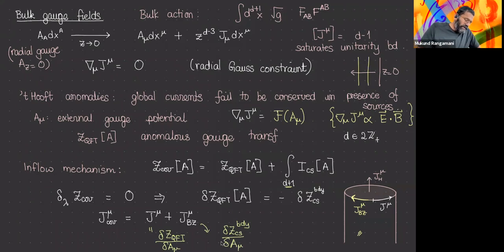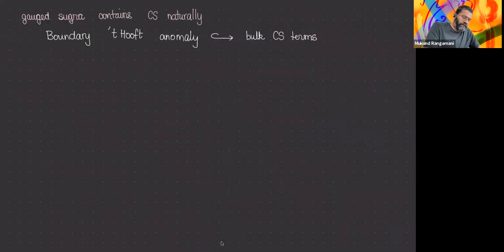Now, rather remarkably, for consistency, you need such Chern-Simons terms in the bulk because the currents in typical field theories that we encounter do have 't Hooft anomalies that we can compute by computing standard, let's say, triangle diagrams in 4 dimensions. And these terms are there in gauged supergravity.